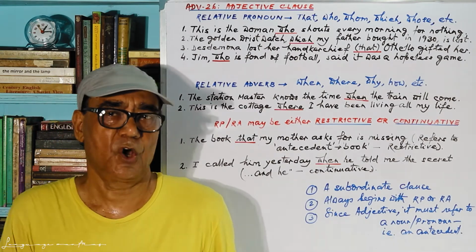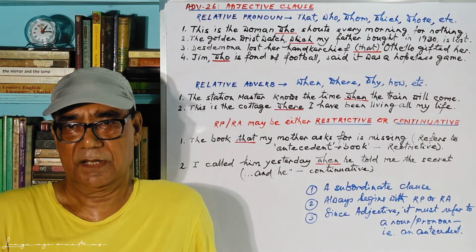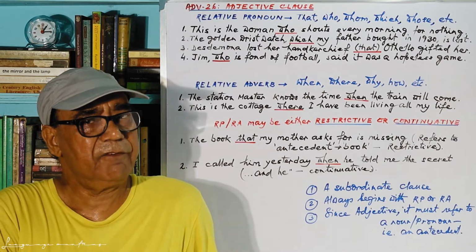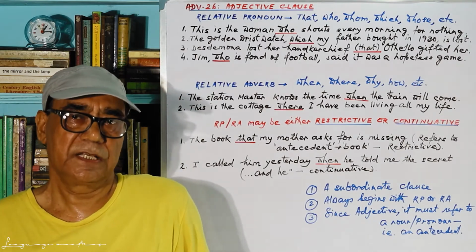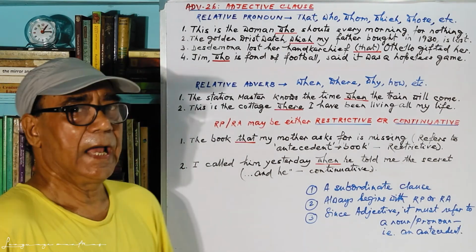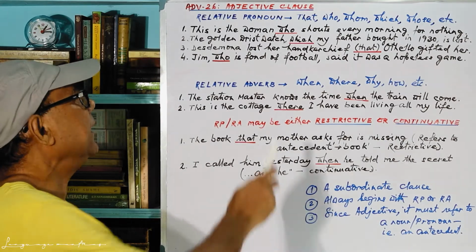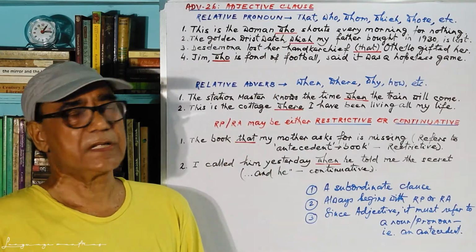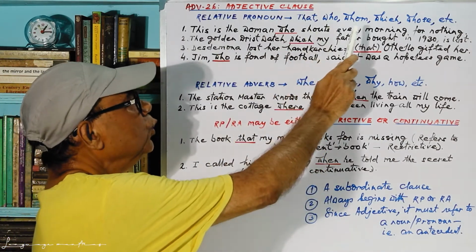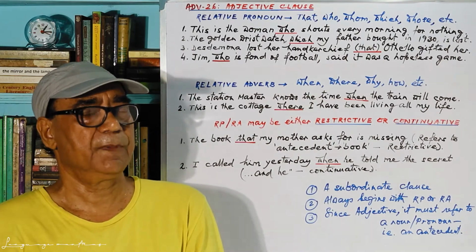An adjective clause is always a subordinate clause. Remember it. An adjective clause can never be a principal clause. This is number one. Number two, an adjective clause is always introduced by relative pronouns like that, who, whom, which, whose, etc. We have seen this before.